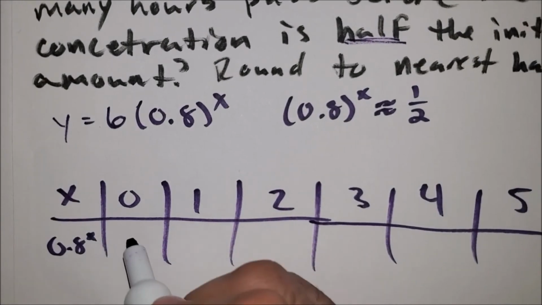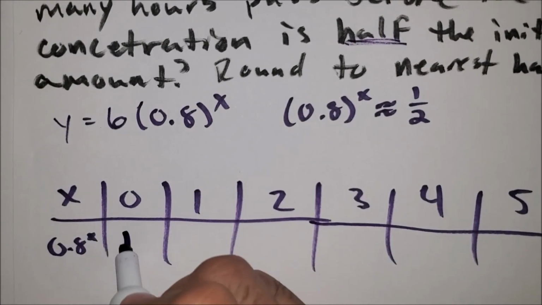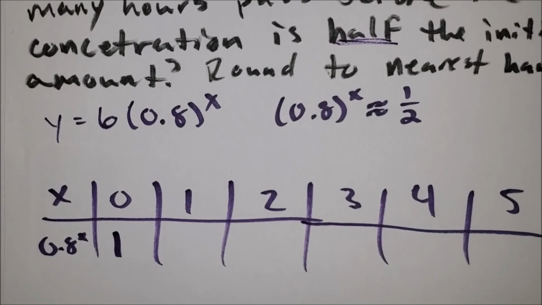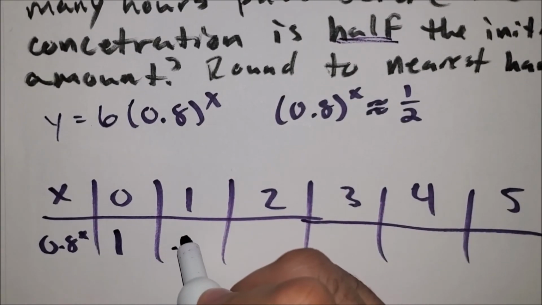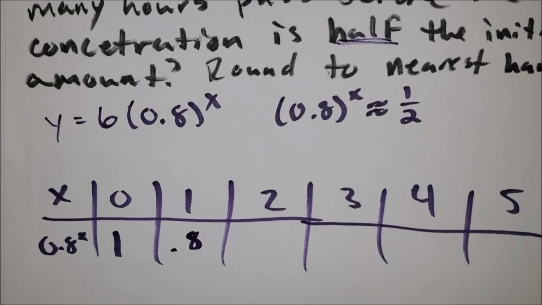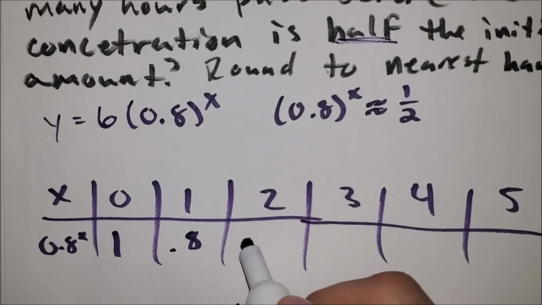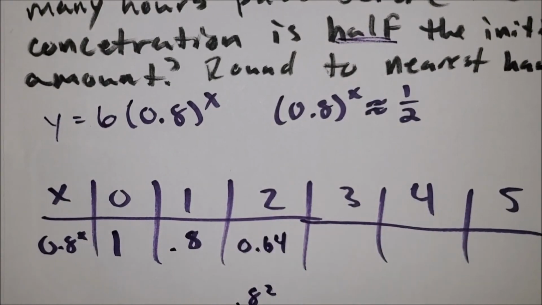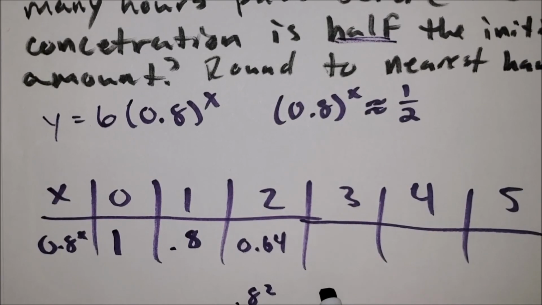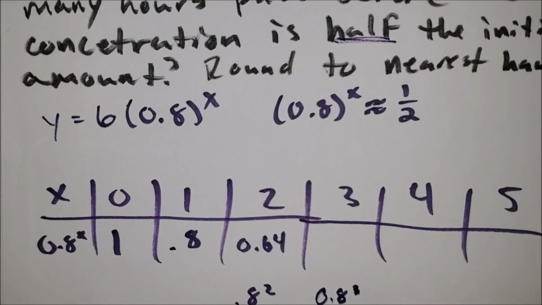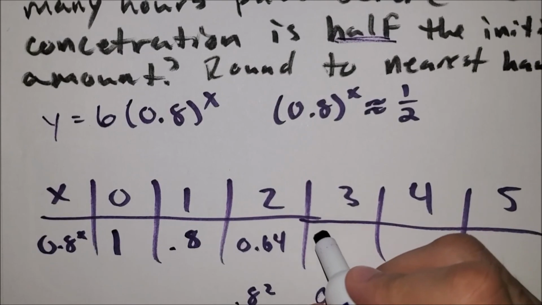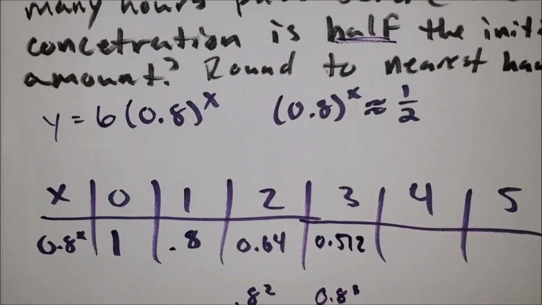So at 0, obviously this is just going to be 1. At 1, it's going to be 0.8. At 2, this is 0.8 squared, which is 0.64. At 3, we get 0.8 cubed, which is going to be 0.512.